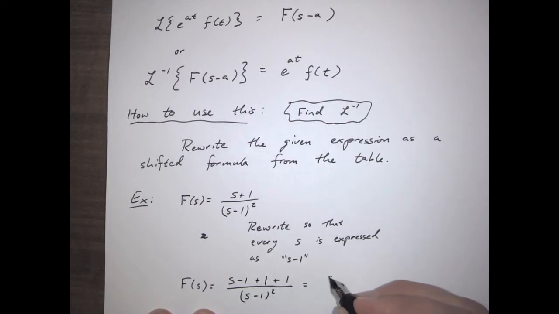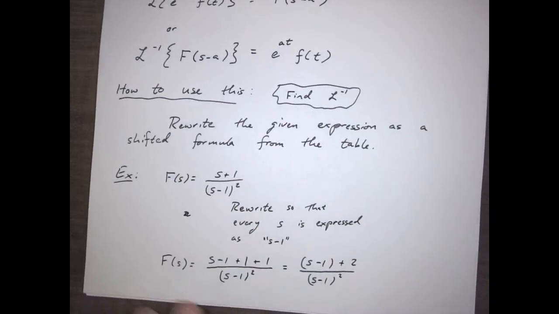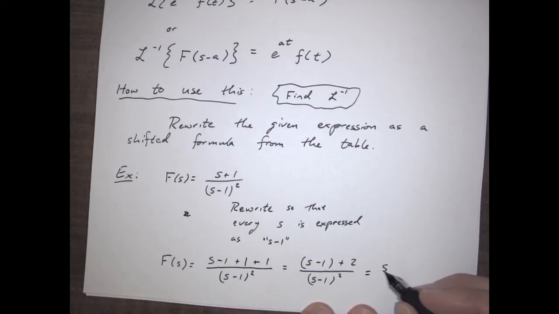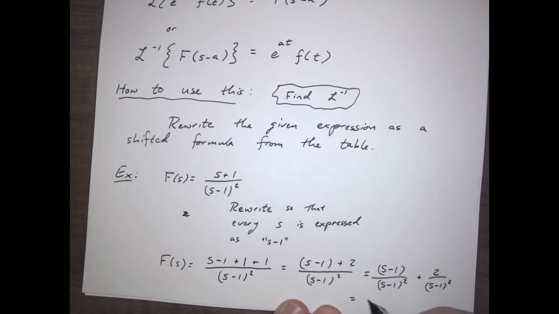That's going to be s minus 1 plus 2 over s minus 1 squared, which we could separate out as s minus 1 over s minus 1 squared plus 2 over s minus 1 squared. And that's going to be 1 over s minus 1 plus 2 over s minus 1 squared.